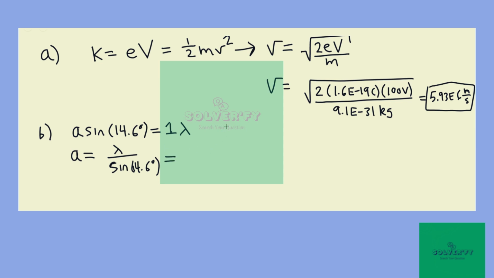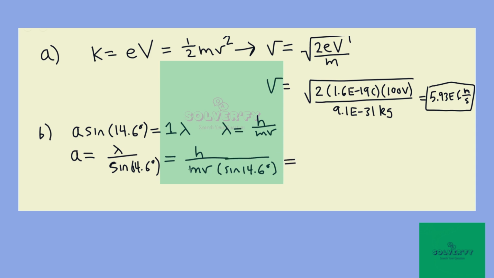So using our formula, lambda equals h over mv, we can replace our lambda with this equivalent expression, and we have a equals h over mv sine 14.6 degrees.